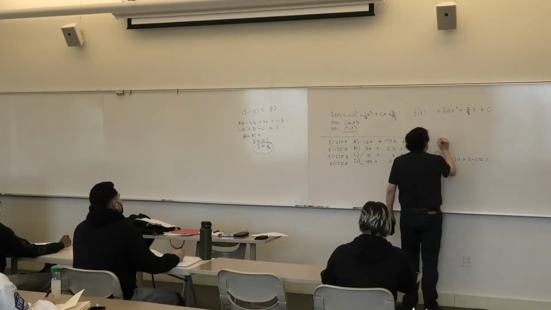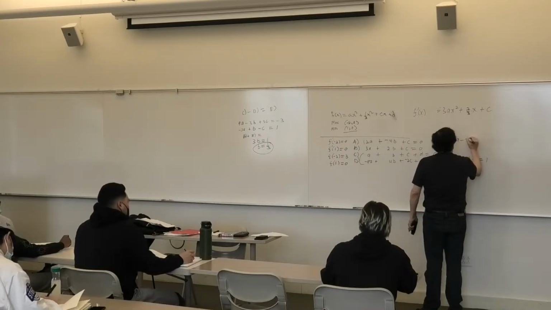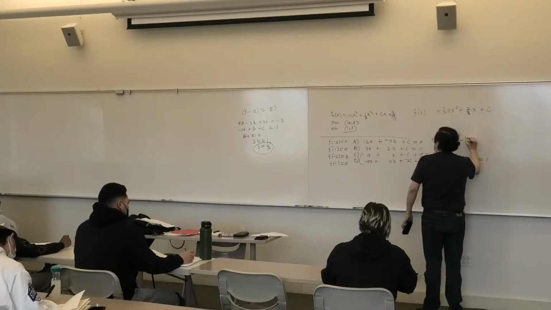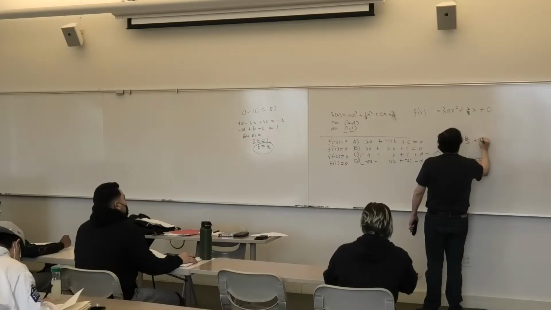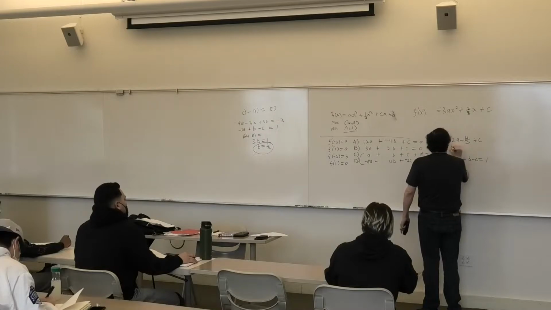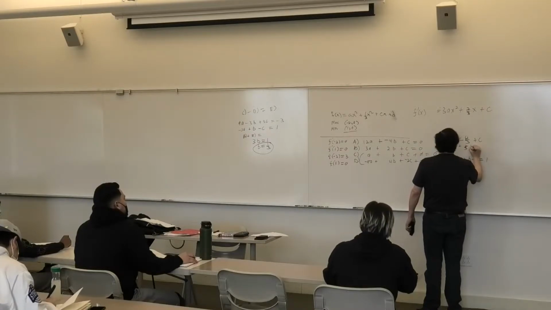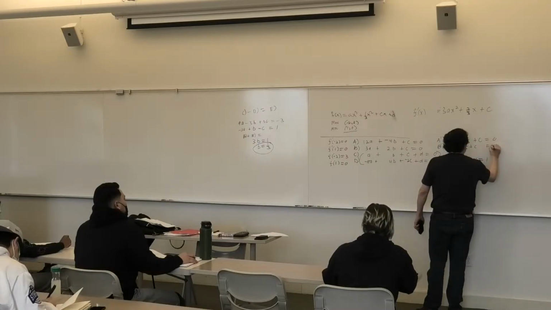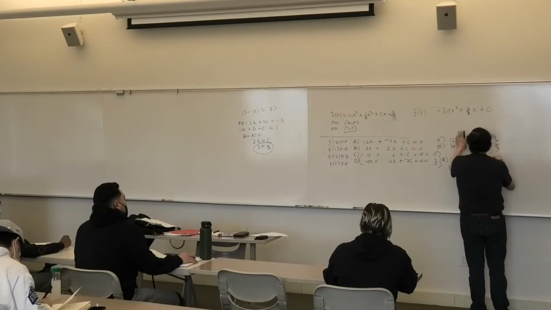Call this A prime, 12A minus 4/3 plus C, this B prime, 3A plus 2/3 plus C. These are equal to 0, with 4/3 and 2/3 from putting B in here.